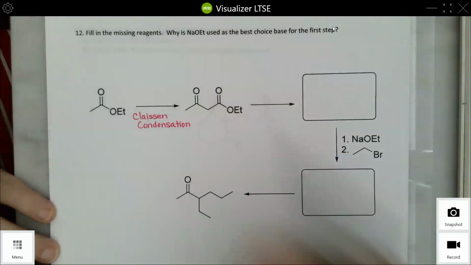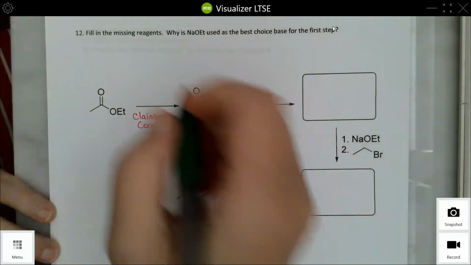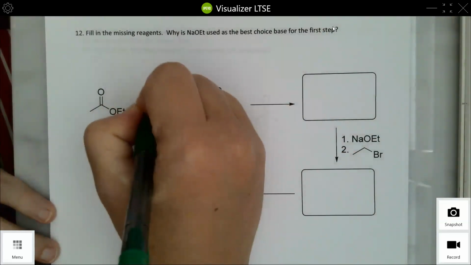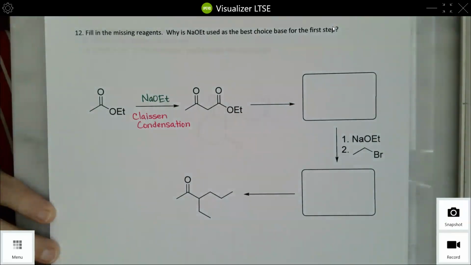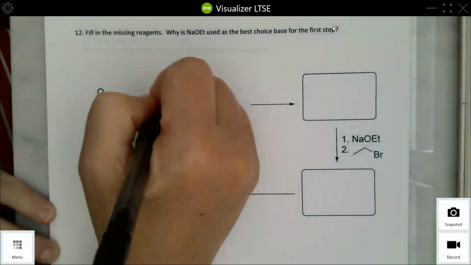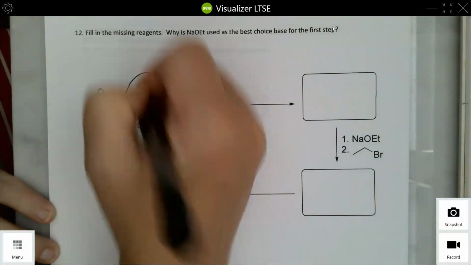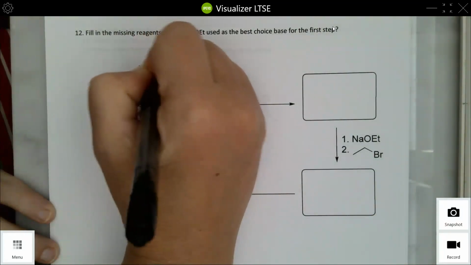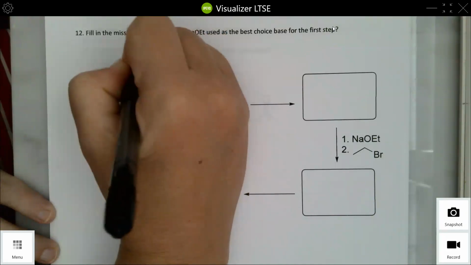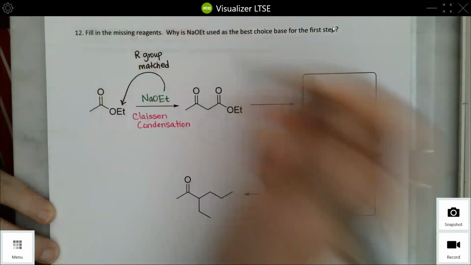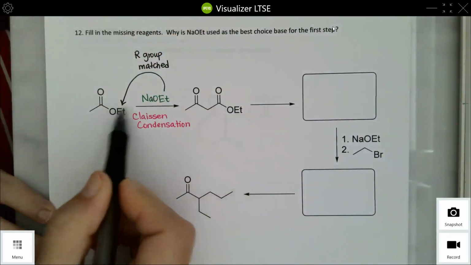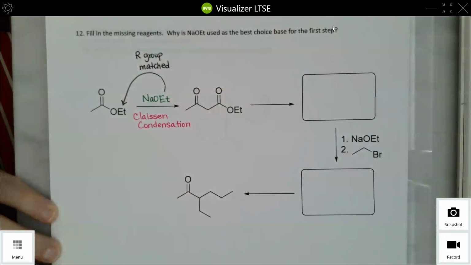So that's why we want to use sodium ethoxide. So we'll make a little note here that we want to match the R group. Because this is an ethyl ester, we're going to choose sodium ethoxide.